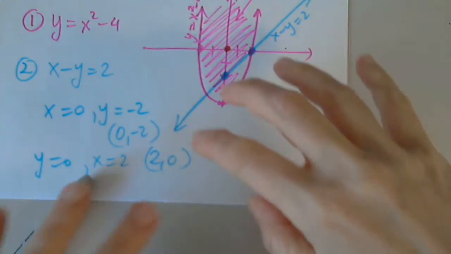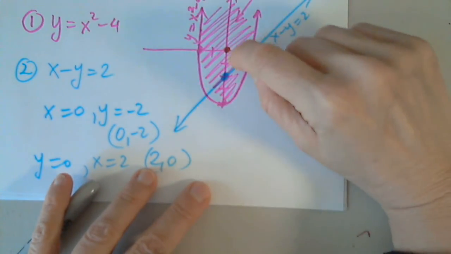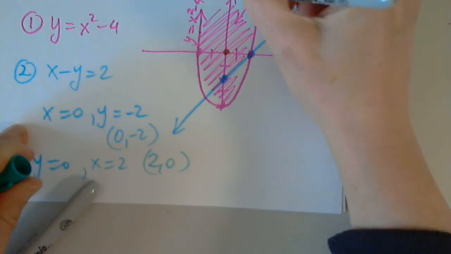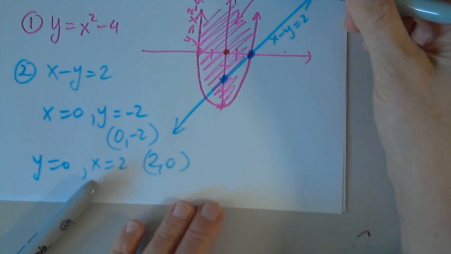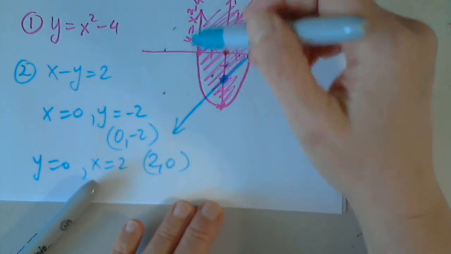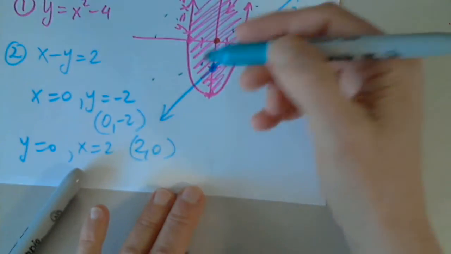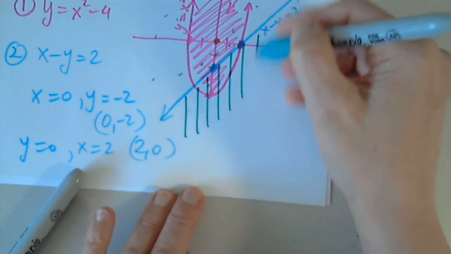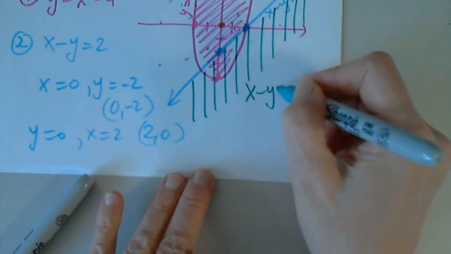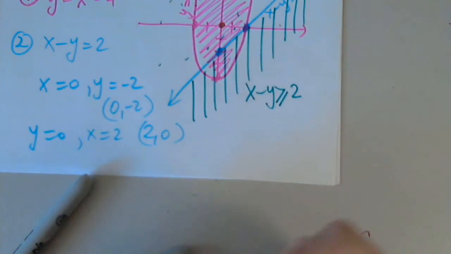False. So I cannot choose this area, because if this point gave me a false statement, all the other points will too, anywhere. So I have to shade in the opposite. The green territory represents x minus y greater than or equal to 2.